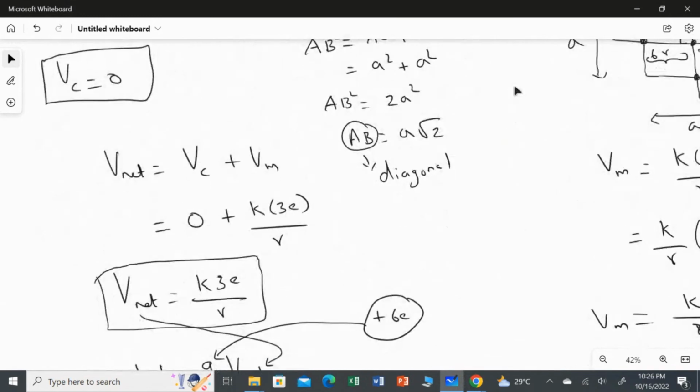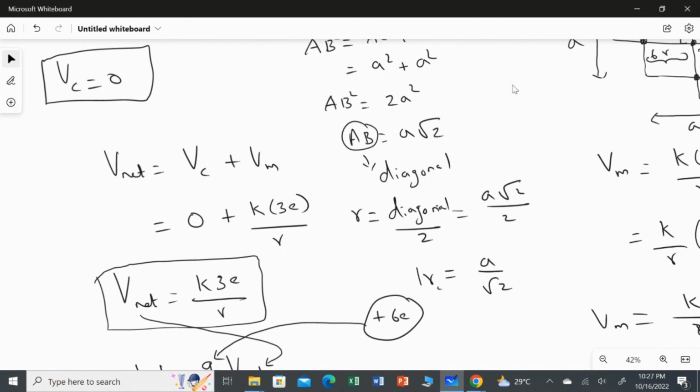And then if you divide this diagonal by 2, you will get the R value. So diagonal divided by 2 gives the value of R. So A root 2 over 2 is equal to A over root 2. Clear?